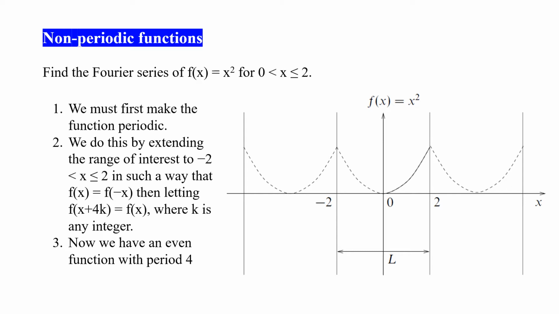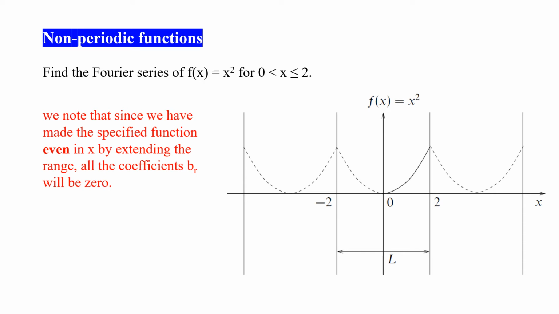And we ended up with an even function with period of 4. This is again your x squared function, and we extended it to the range from -2 up to 2. And we have this period here, which is equal to 4.